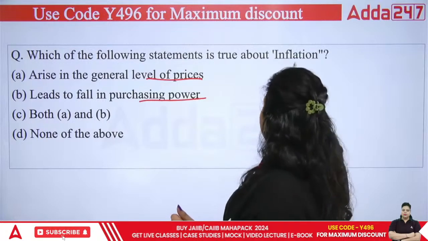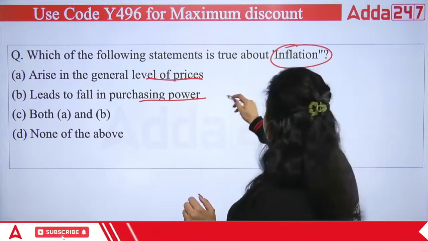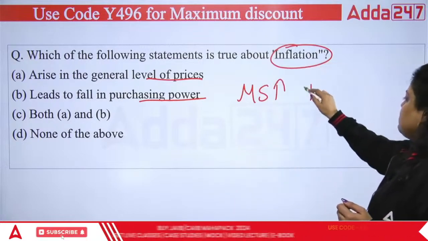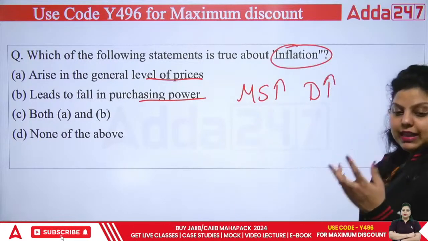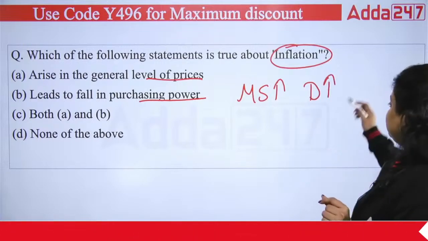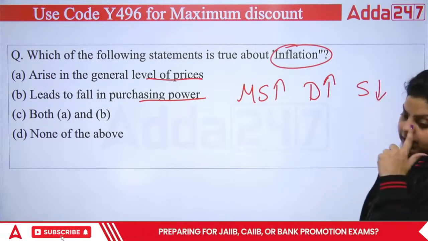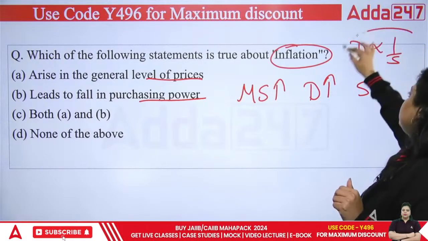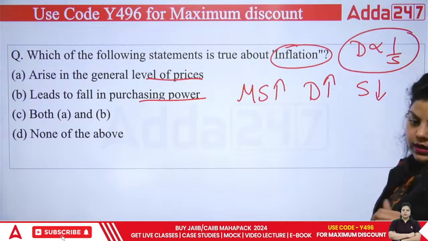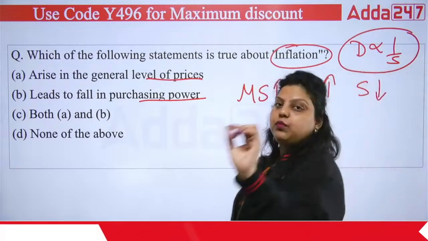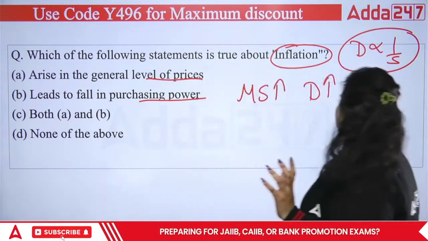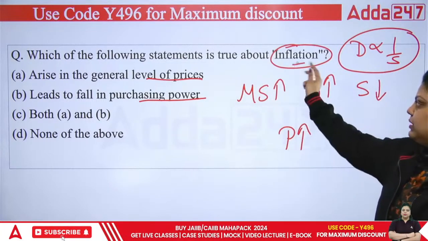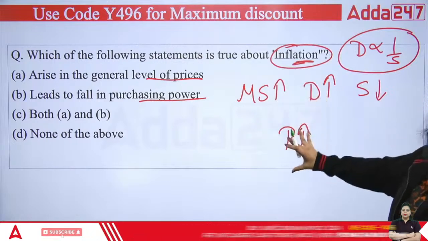Whenever the money supply in the economy increases, people start demanding more goods and services because they have more money, and comparatively supply will decrease. I have told you so many times that demand and supply have an inverse relation. If one increases, the other definitely decreases. So if demand is increasing, supply decreases, and it will increase the prices in the economy, and that's what inflation is.